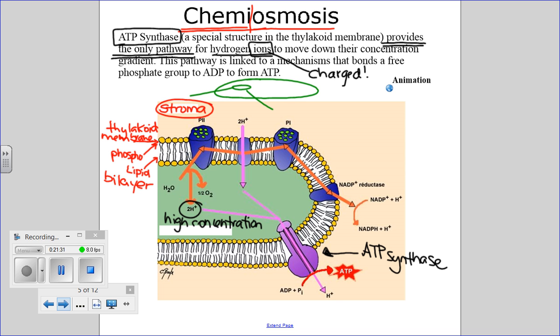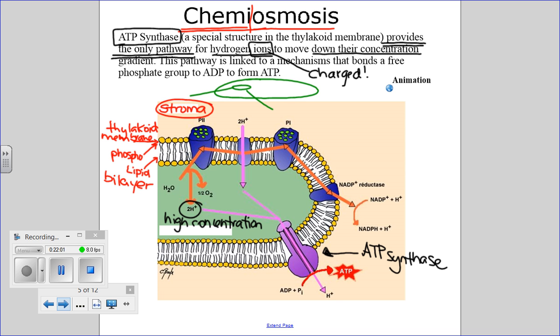Ions have a difficult time simply going directly through the cell membrane, and most charged particles do. So they have to go through a protein or a structure. ATP synthase is that structure. So they're going to move down their concentration gradient. What that means is that they're going to move outside the thylakoid to a spot where concentration was lower.